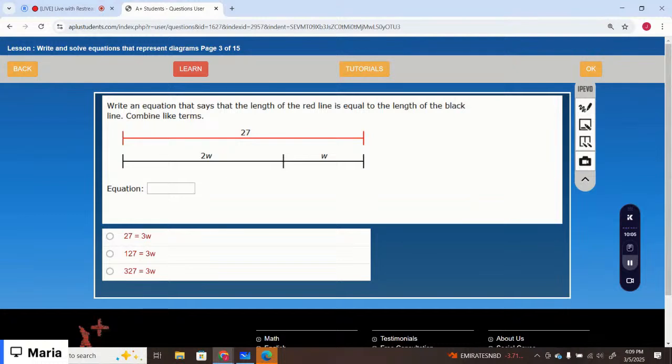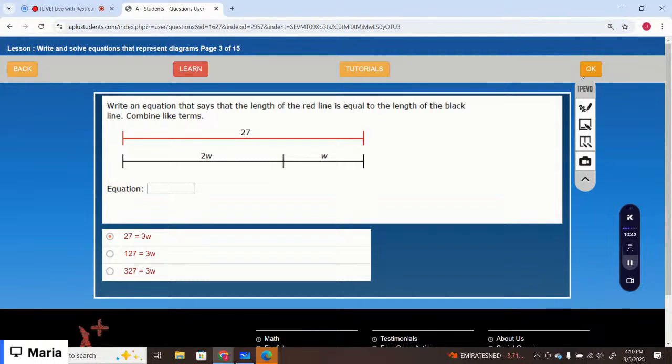Combine like terms. That is 3w equals 27.